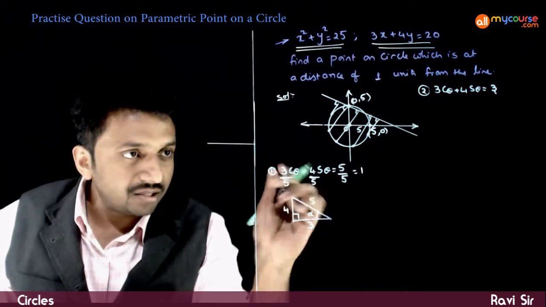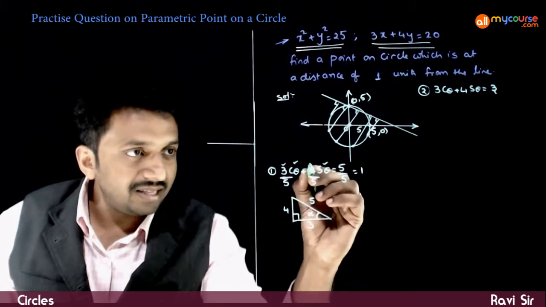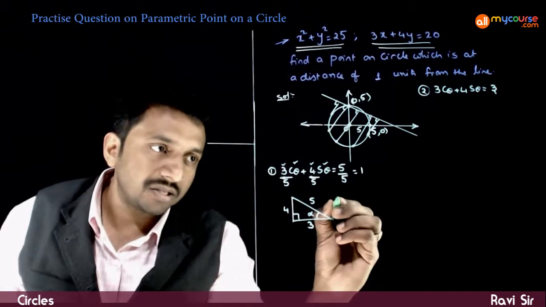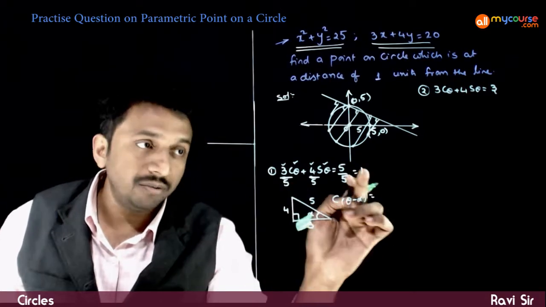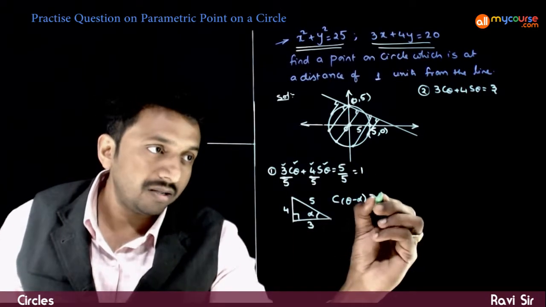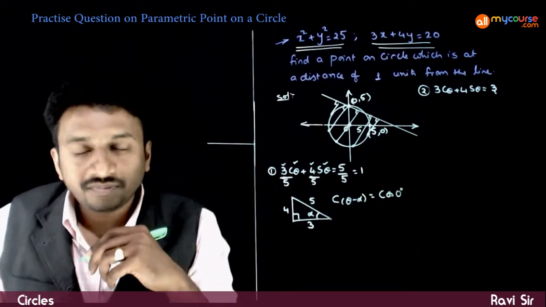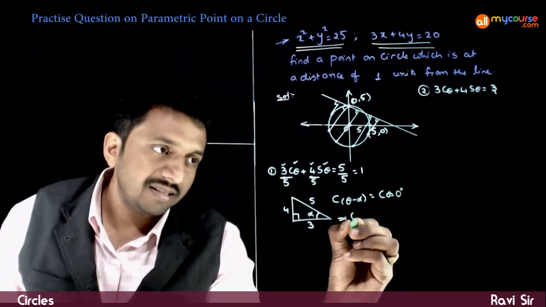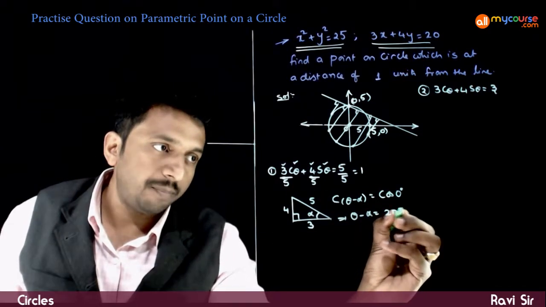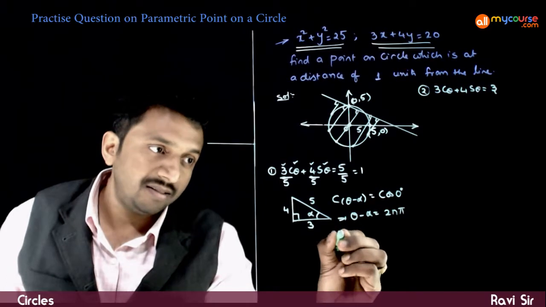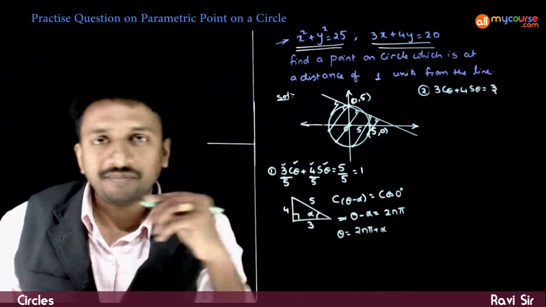So this side is of the form cos theta cos alpha plus sin theta sin alpha, which is cos of theta minus alpha is equal to 1, which is nothing but cos of 0 degrees. So this implies theta minus alpha is equal to 2n pi and theta is equal to 2n pi plus alpha.